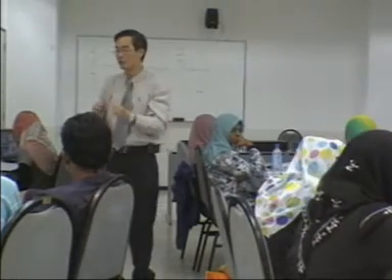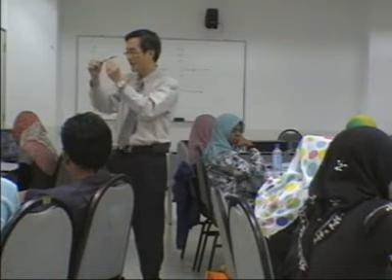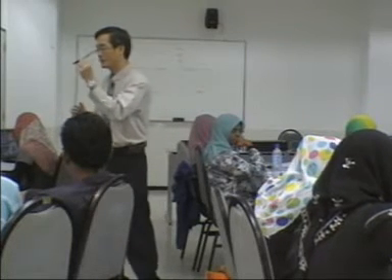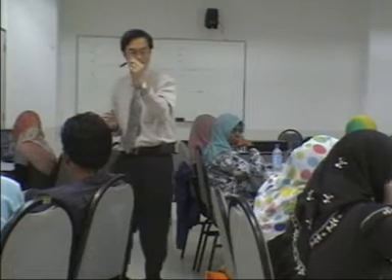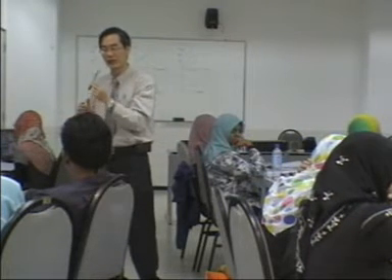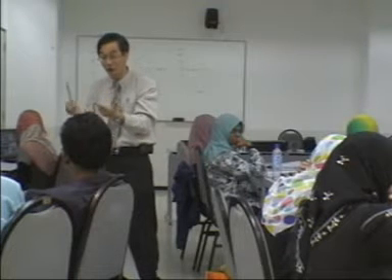Now the same goes for the sales. Let's say, for example, the same unit of pen we sell for $4 per unit. So if you sell 10 units, how much is your total sales? $40.